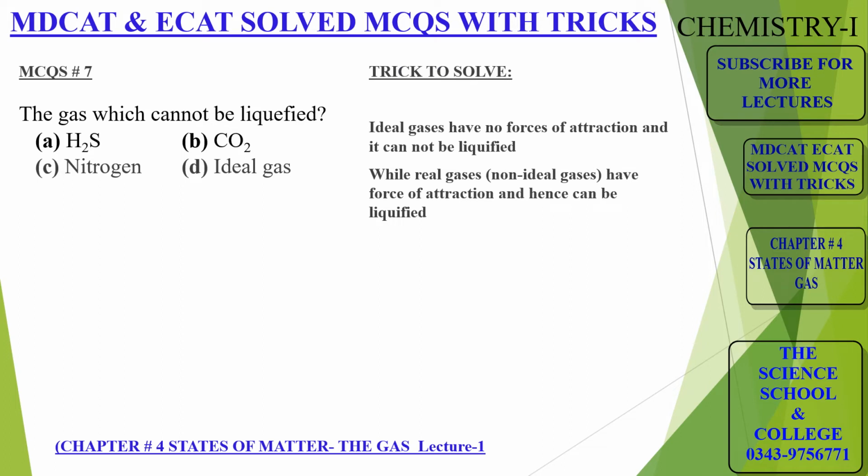To solve this MCQ, you know that ideal gases have no force of attraction and cannot be liquefied, while real gases, meaning non-ideal gases, have forces of attraction and hence can be liquefied. So the correct option is D, which is ideal gas.